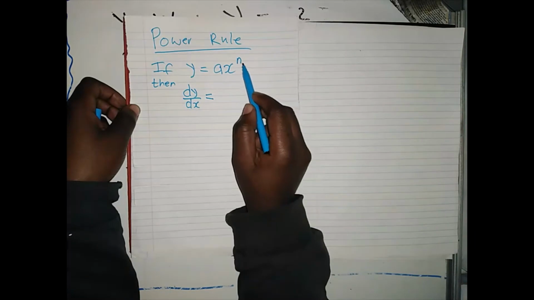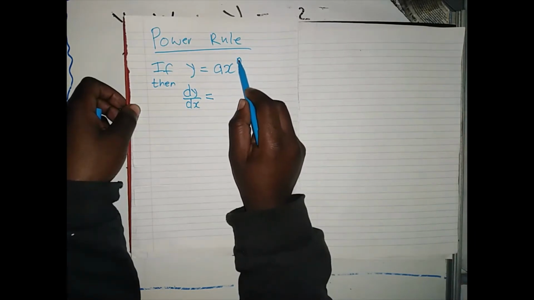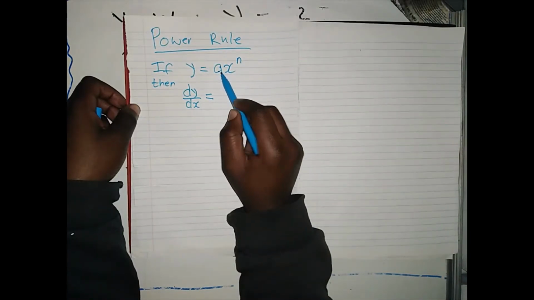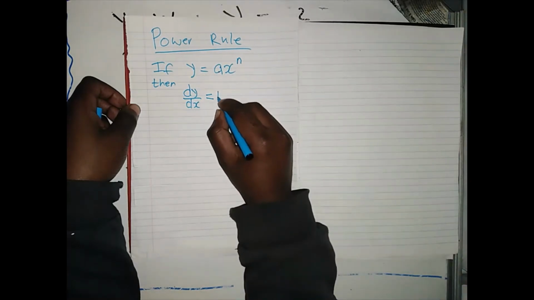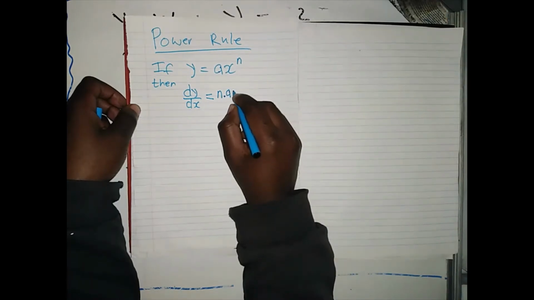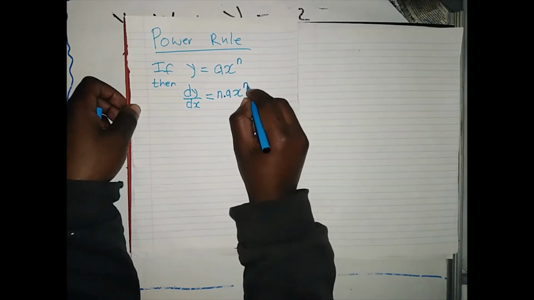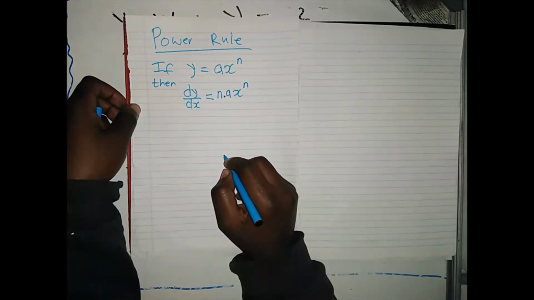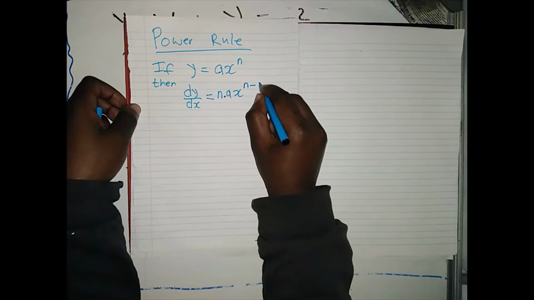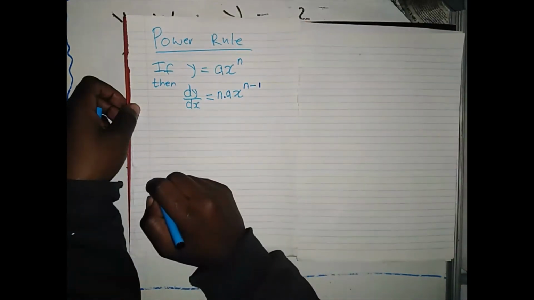What you simply do is take this n that is on top and multiply it with this a, which is the coefficient. So you end up with n times a, and then x to the power n, and then you minus 1 here.